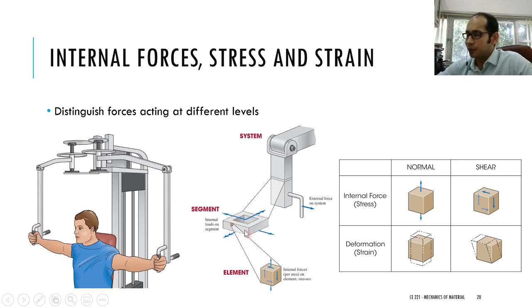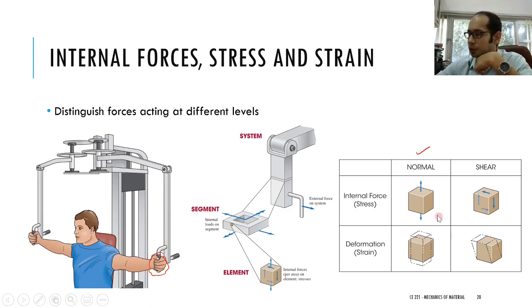Looking at this element, if we segregate the different forces and stresses acting over here, we have the normal stresses which we have looked at, and also the shear stresses which are acting along the surface of this element. In addition, remember we mentioned that on the hand we have these contact stresses acting. When you're holding, this is the contact stress that you're applying. So we are going to take a look at that as well.